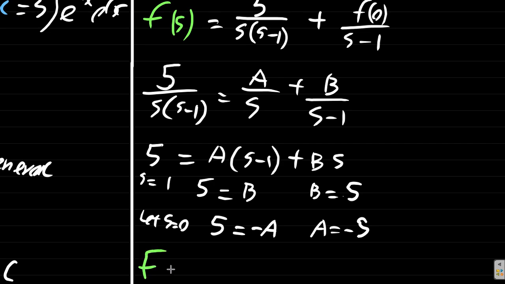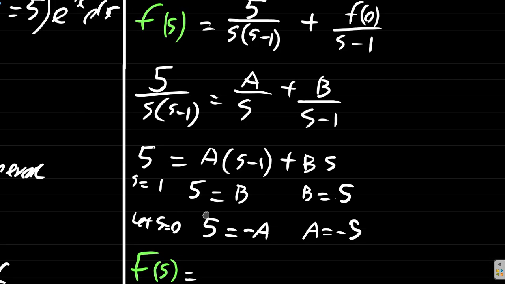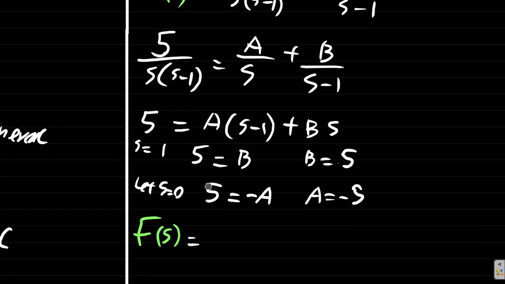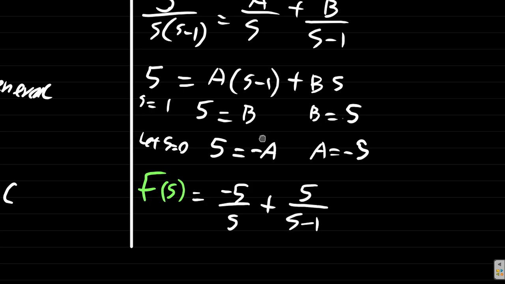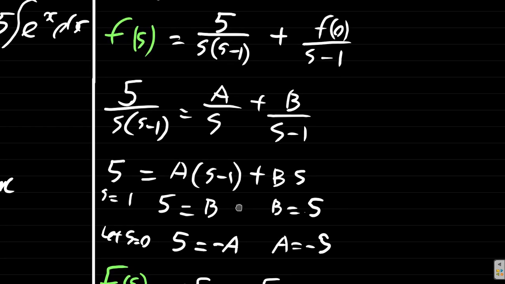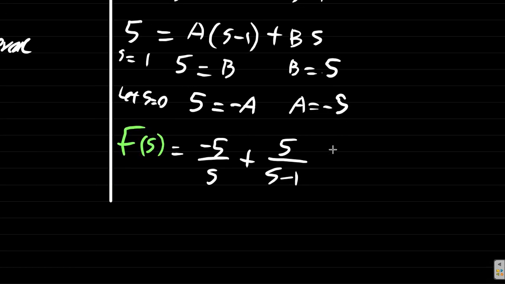Again, big F of s is equal to A, in this case, negative 5 over s, plus B, which is 5 over s minus 1, plus f of 0 over s minus 1.